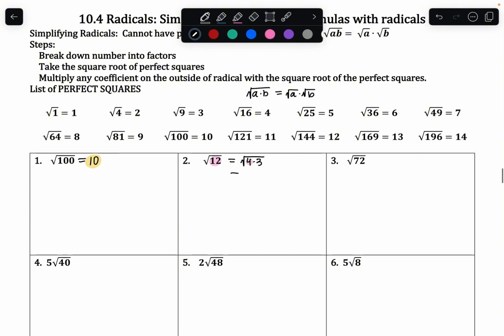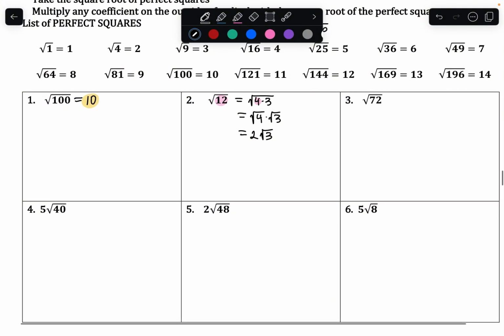And so now when I break up this product into their individual radicals, I know the square root of 4 is 2 and 3 is not a perfect square. So it would stay under the square root, and that would be my final simplified answer. 3 has no perfect square factors, and so I know I'm done.